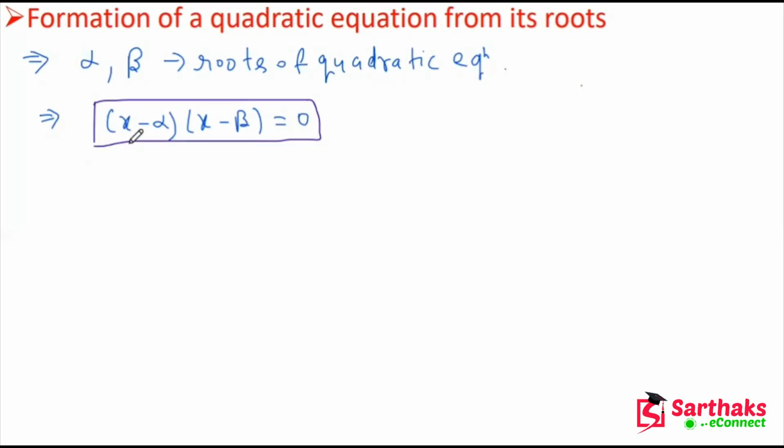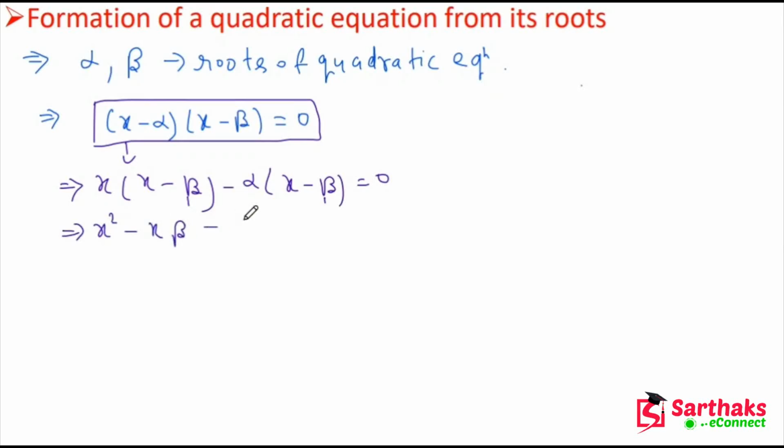On expanding this, x into x minus beta, minus alpha into x minus beta, is equal to 0. This is x square minus x beta, minus x alpha, plus alpha beta. Taking minus x common, we get x square minus x into alpha plus beta, plus alpha beta.